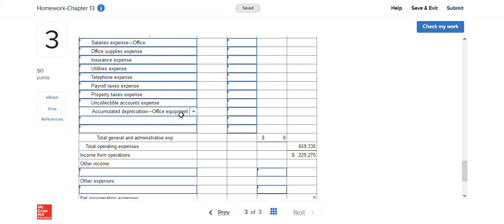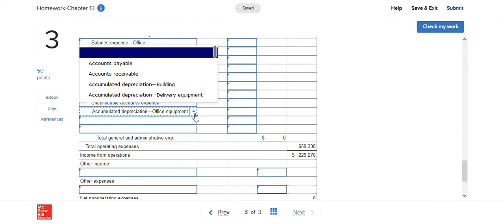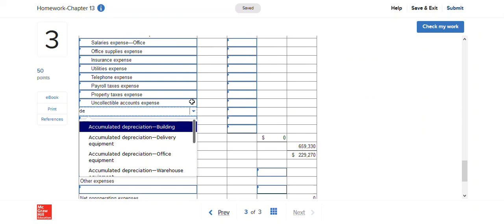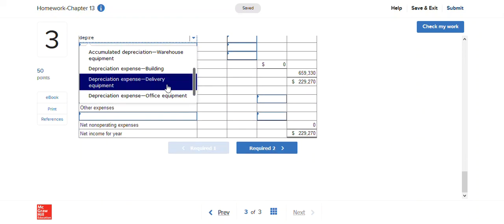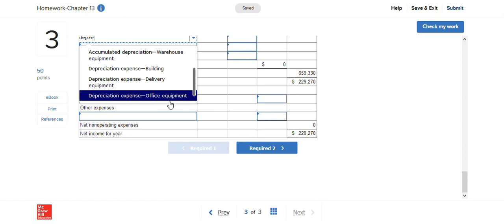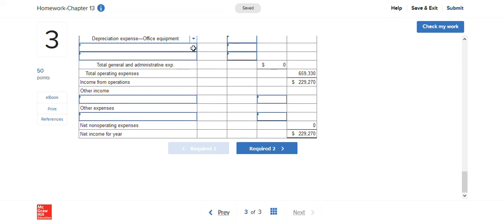Oops, and that should not be accumulated depreciation. Clicked on the wrong one. Sorry about that. Should be depreciation expense for office equipment and depreciation expense for building.